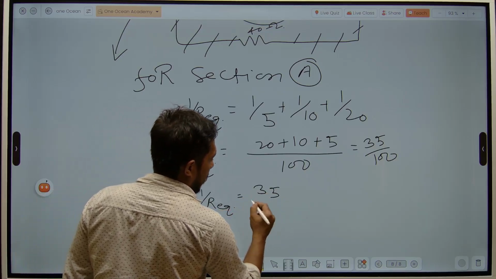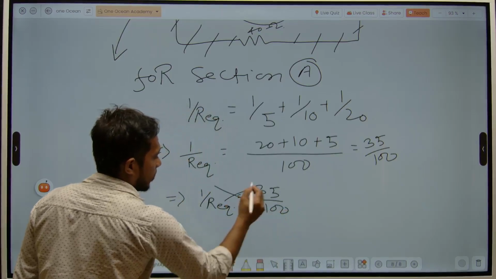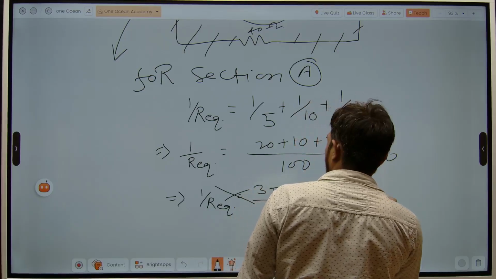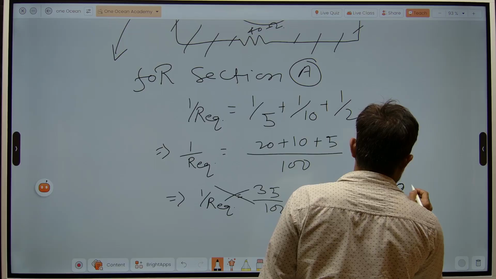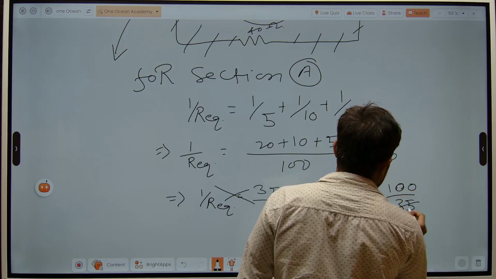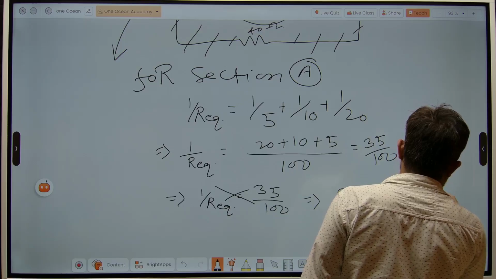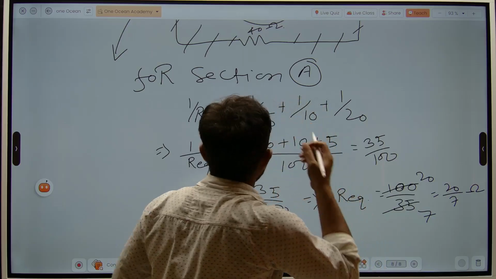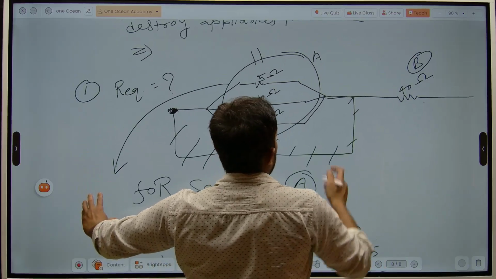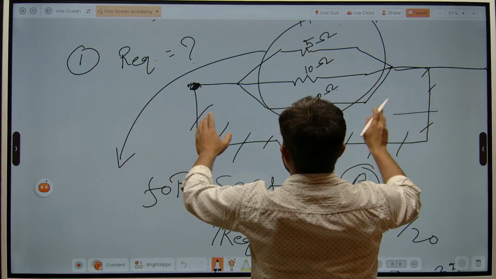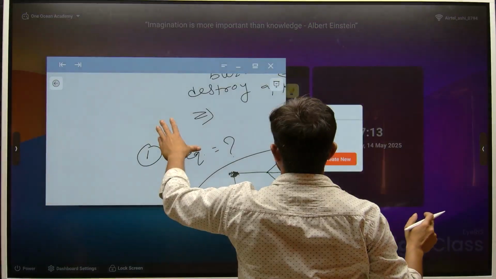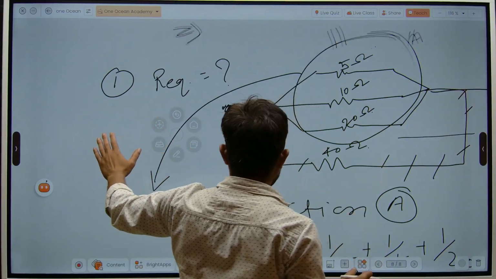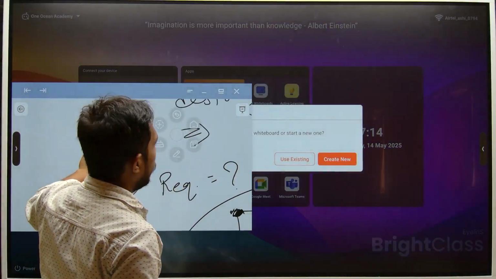Now, after doing cross multiplication, we will get R equivalent is equal to 100 upon 35. That means 5 7s are 35, 5 20s are 100, so 20 upon 7 ohm for the connection first.